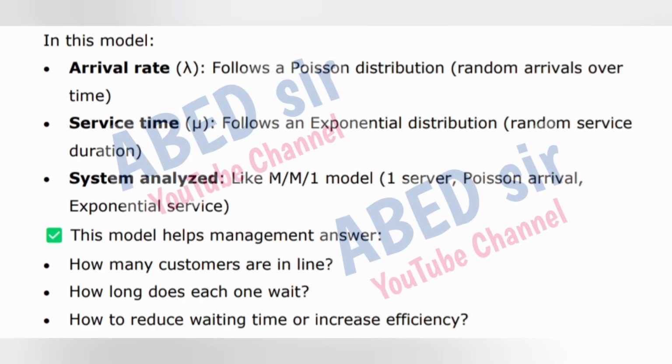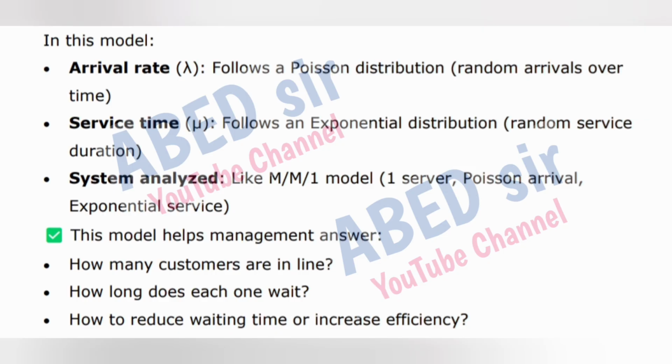In this model, arrival rate, lambda, follows a Poisson distribution, random arrivals over time. Service time, mu, follows an exponential distribution, random service duration. System analyzed, like the M/M/1 model: one server, Poisson arrival, exponential service.